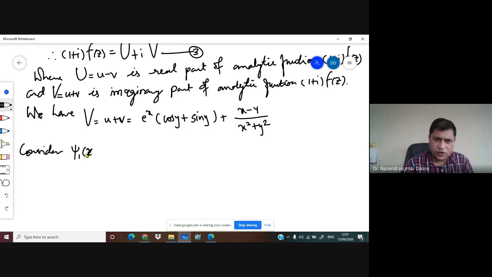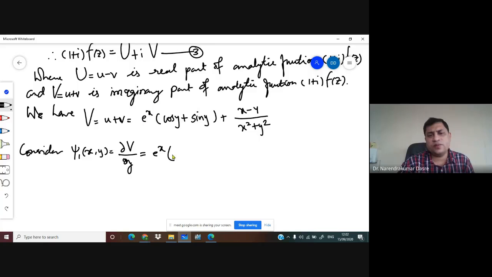So we have psi 1 of xy is equal to, so what is going to be double b by double y. Now we have to find out the derivative of this term with respect to y. So be careful. This e raised to x remains as it is, because this does not contain any y, so this term is treated as a constant.